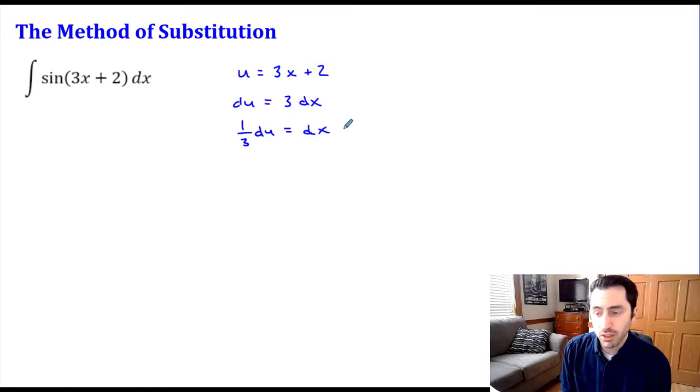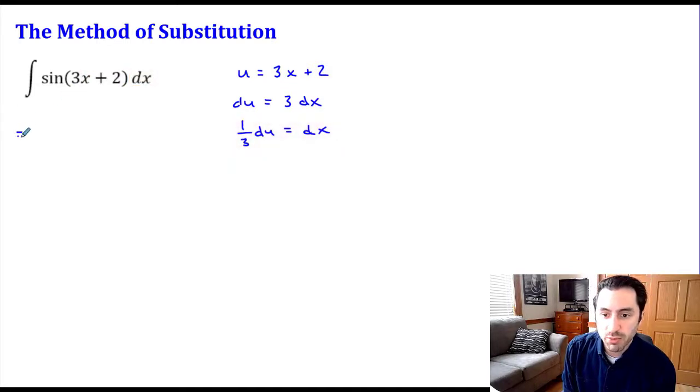So setting that all up, I have u, which I can replace for the 3x plus 2, so that x can get replaced inside the parentheses. And I also have an expression that I can substitute in for dx.